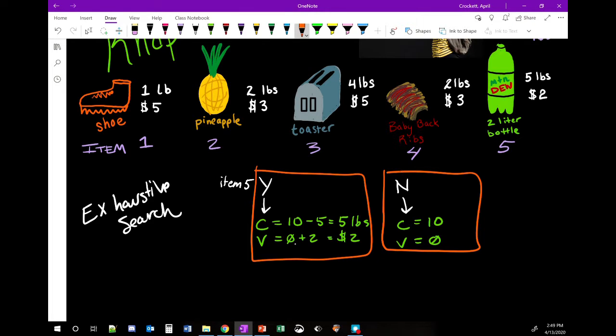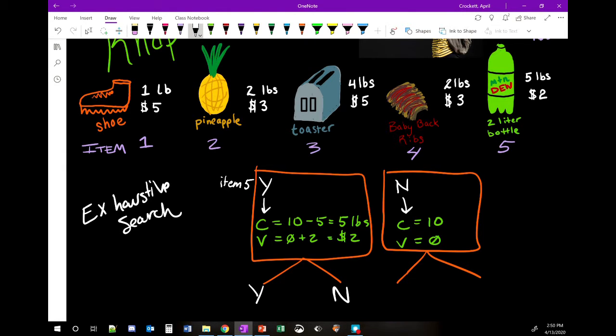We then can choose about the 4th item. So either yes, I'm going to include the 4th item, or no, I'm not. And here's the thing, we're going to have yes or no branches for each of our previous decisions.